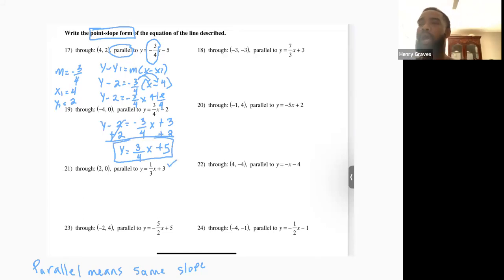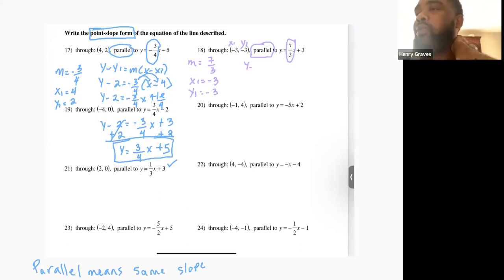Okay, so I will definitely be helping you out. Remember, number 18 here is parallel. Things that are parallel are going to have the same slope, right? So our m is equal to 7/3. x1, they said, is negative 3 right here, right? y1 is going to also be negative 3. Plug it all in. y minus y1 equals m(x minus x1). y1 is a negative 3.